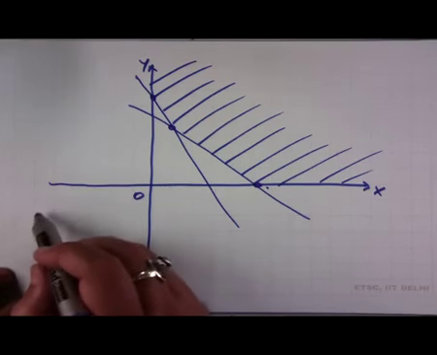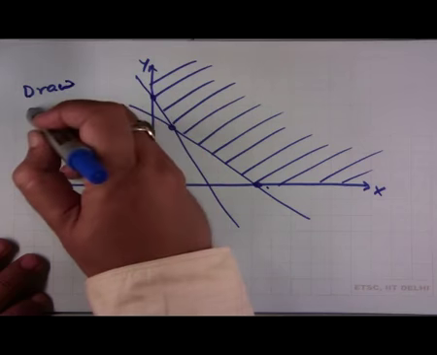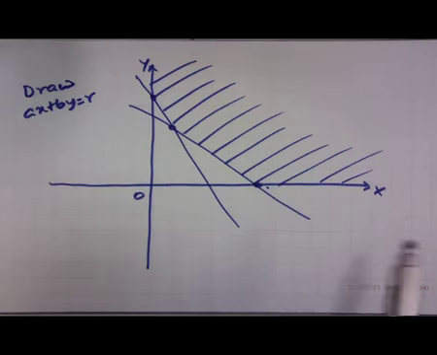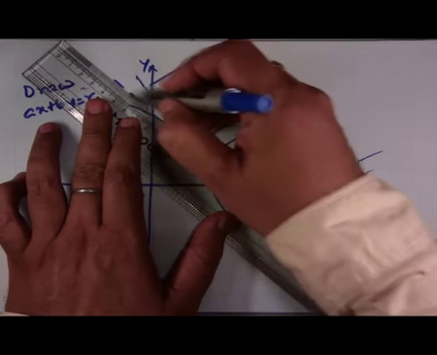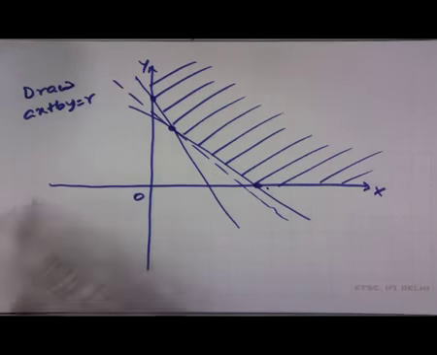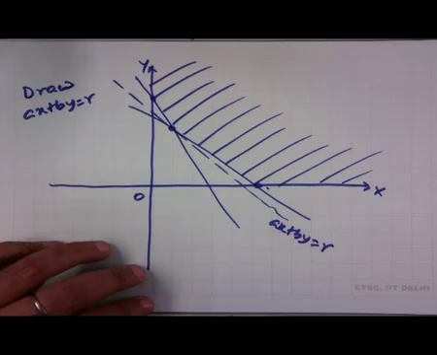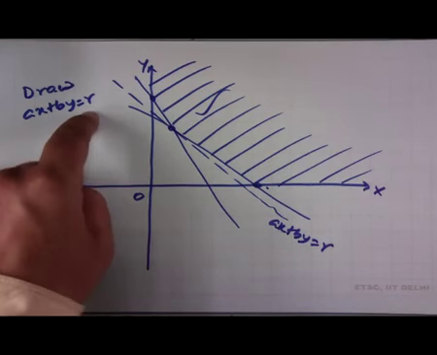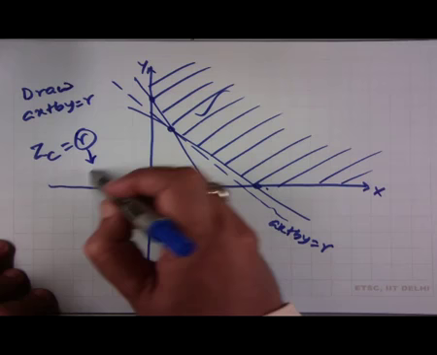Draw ax plus by equal to r, and if this ax plus by equal to r has no common points with this feasible region, then this r, meaning ZC equal to r, will be the maximum value.